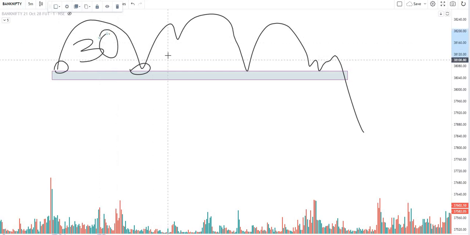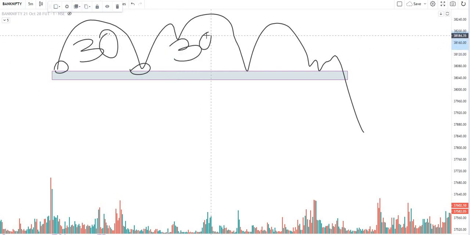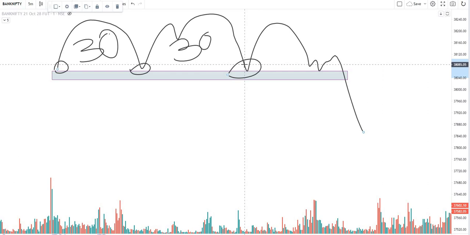If more, it is very good. Here also a minimum of 30 minutes, or more. And keenly observe the 3 times touch. Once there is a 3 times touch, there should be a fall, a breakdown.